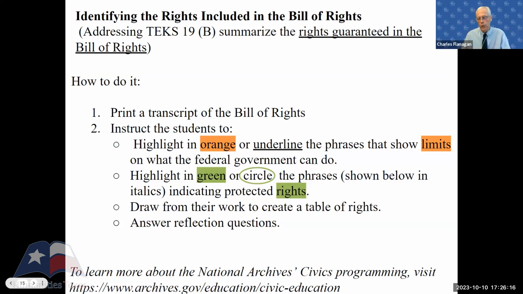So we're going to do a close textual analysis of the actual Bill of Rights, and we're going to find out what it really says. Again, by using annotations on the text, we're going to try to read more carefully and think about what's in front of us.